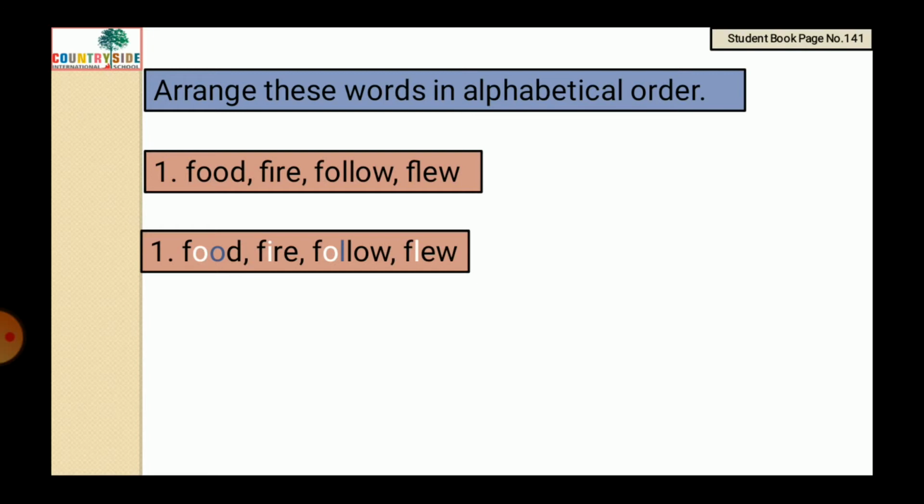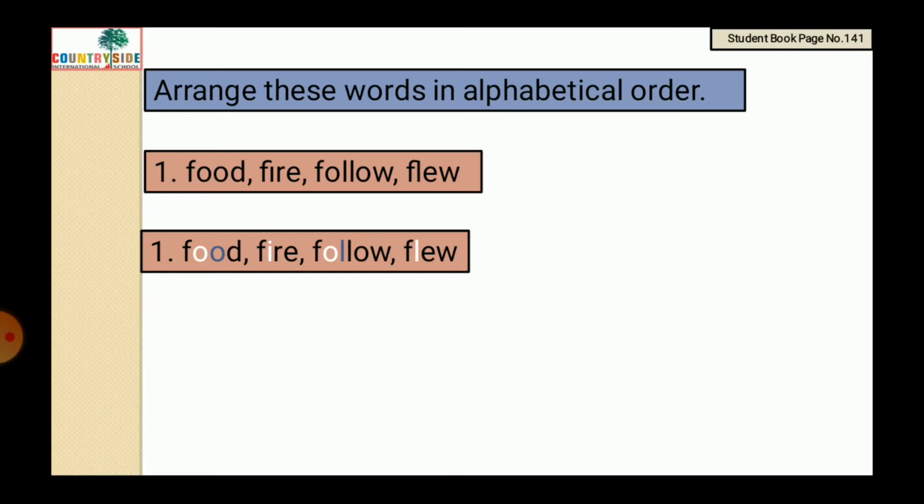Now that we know that both the letters O and O we will have to consider separately, let us first think which of these letters, O, I, O, L, will come first alphabetically.